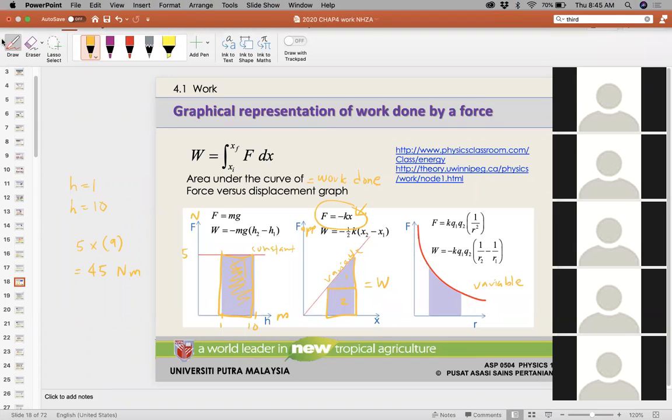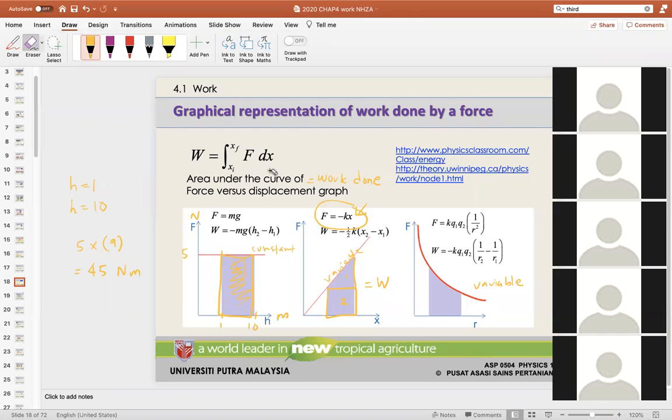But if they were to ask you what is the work done for an elastic force, this guy becomes negative. Although the area under the curve is positive, your final answer will be negative. Does that make sense? The area under the curve only gives you the magnitude of work.